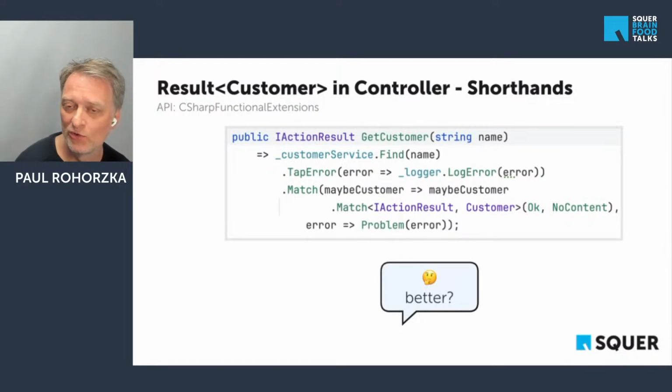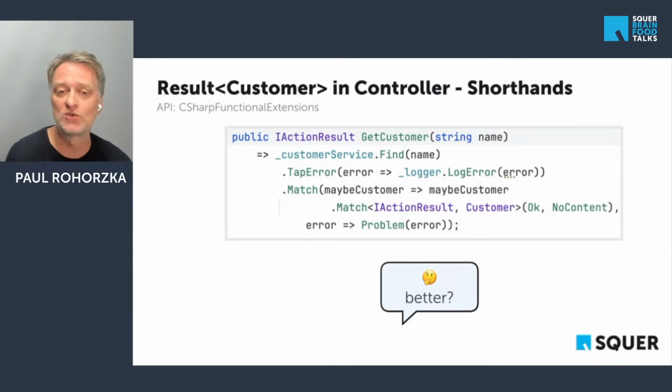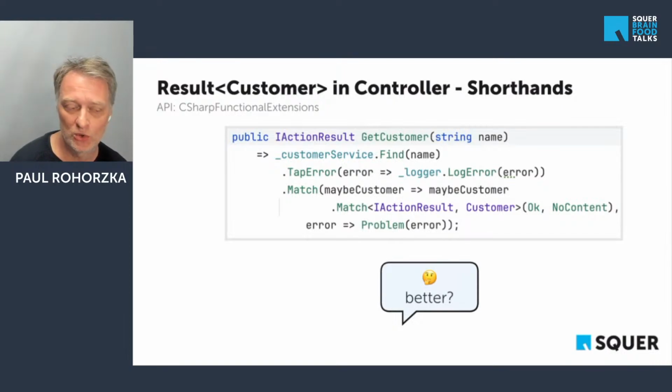So basically no fuzz around. Besides the necessity here of this specific API to also mention the type parameters, but that is another thing. And if you consider it better or not, I think a lot depends on what we are used to. How do we usually write code? How are we used to thinking in such fluent APIs, for example? So that's of course to be discussed. But if you're used to it, it can be really very, very short and crisp.